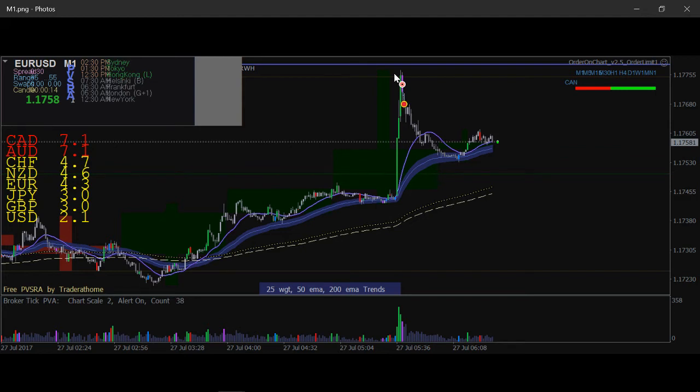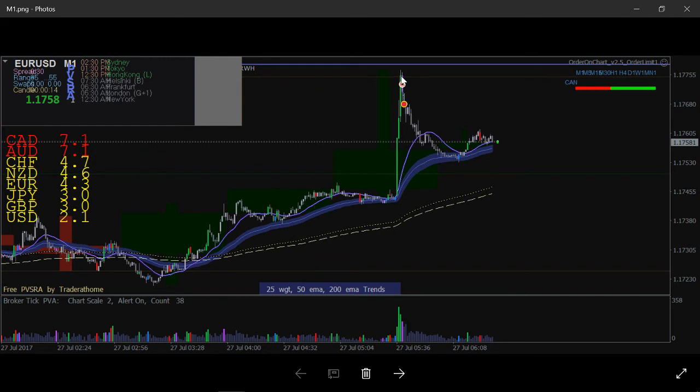Why is it? Because you can see that it is a huge volume, so a huge amount of transactions. And because you have a huge amount of transactions and they're all buying, it pushed the currency all the way here. So from now on they're going to sell.